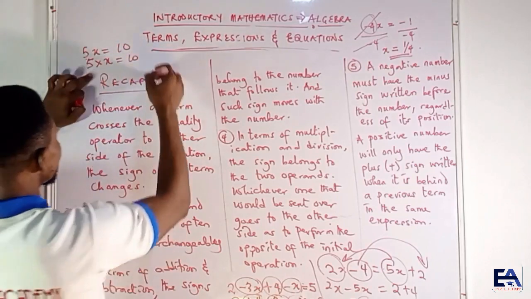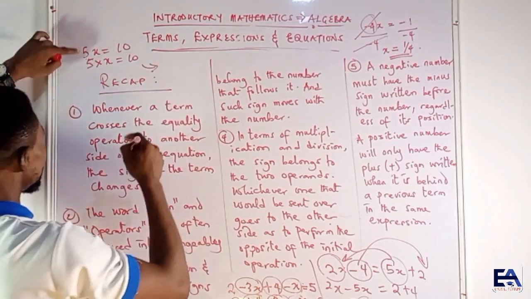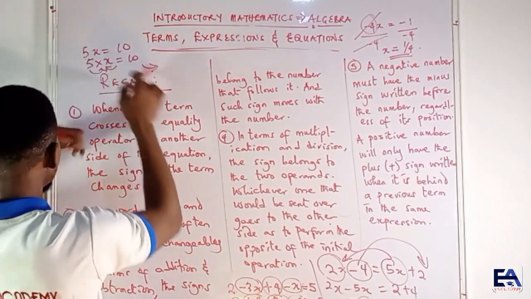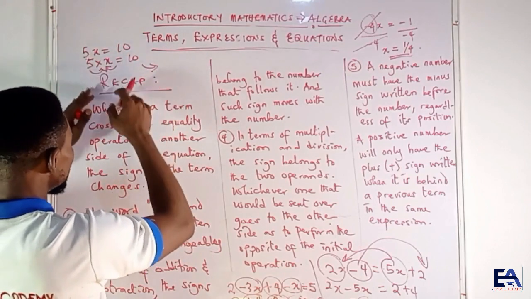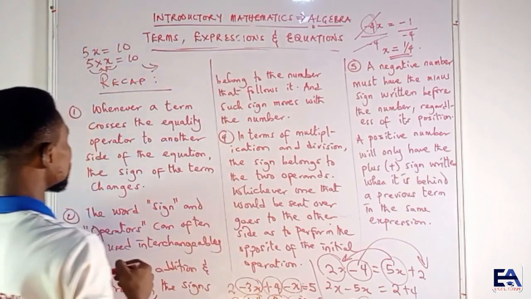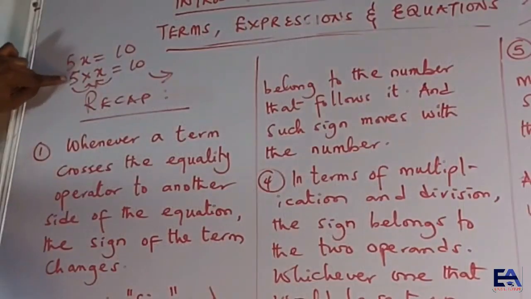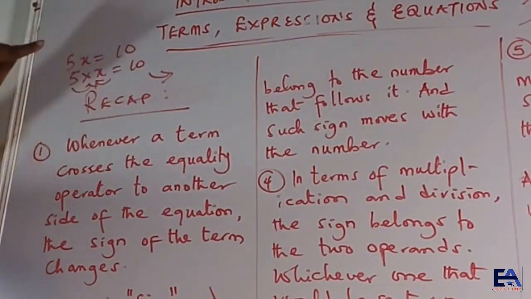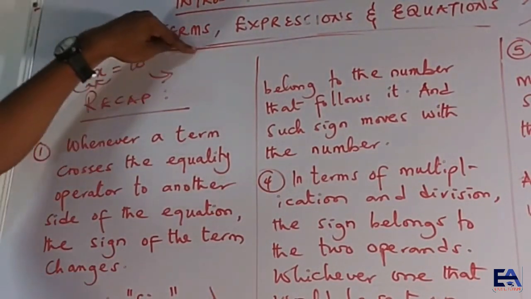Then in that case, both of them own this sign. Whichever among the two that is moving will go in the form of division. So 5 is attached to the multiplication, x also multiplication. So by the time it moves to the other side, it goes in form of division.